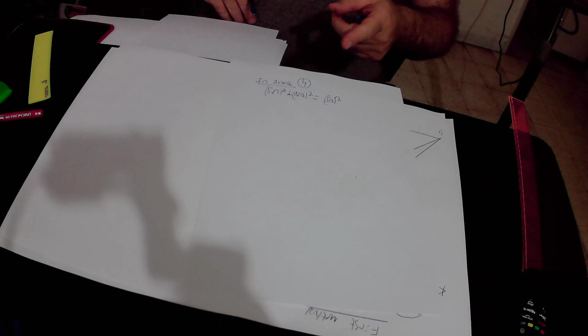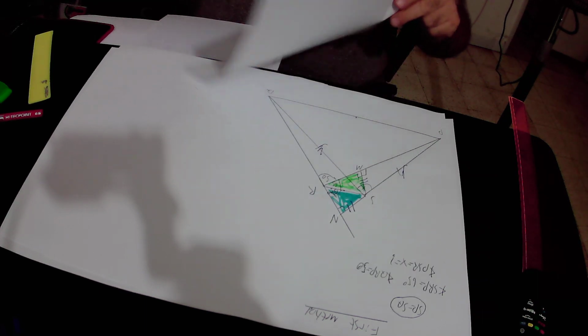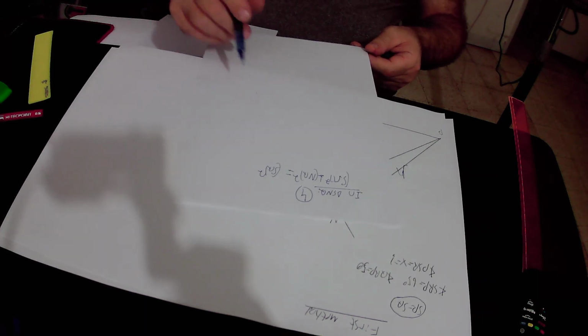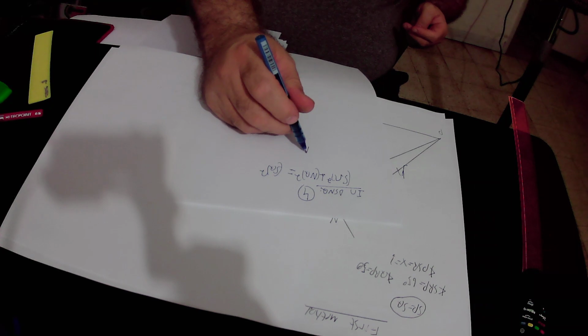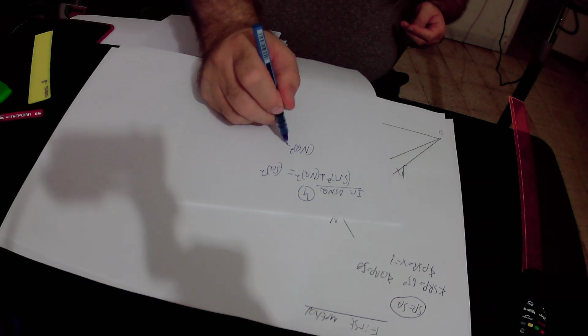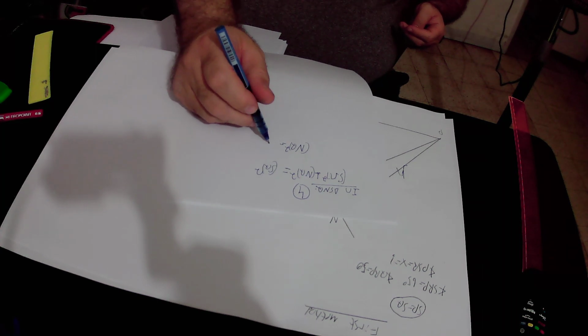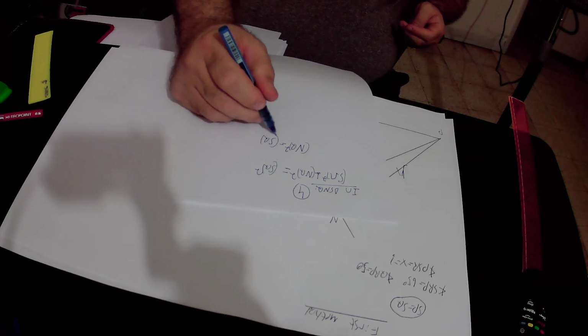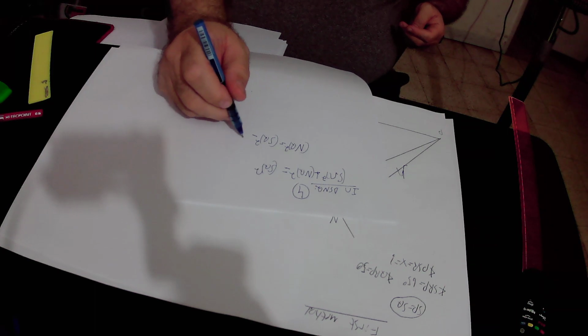Here we will subtract SN squared from this equality, and we will get that NQ squared is equal to SQ squared minus SN squared.